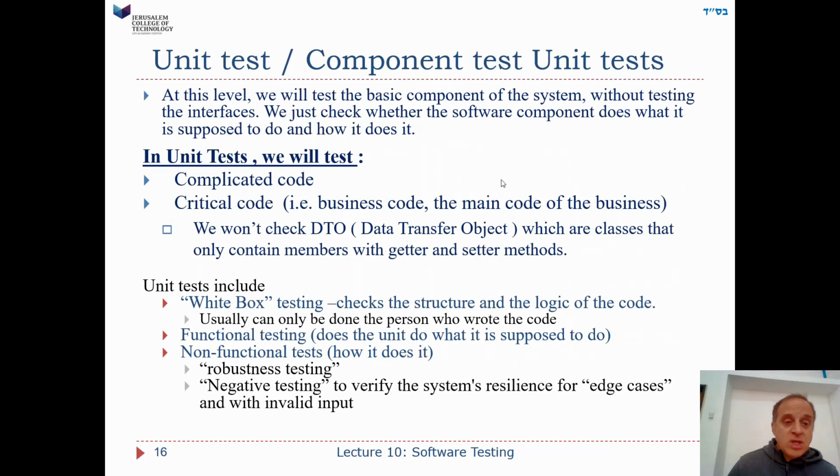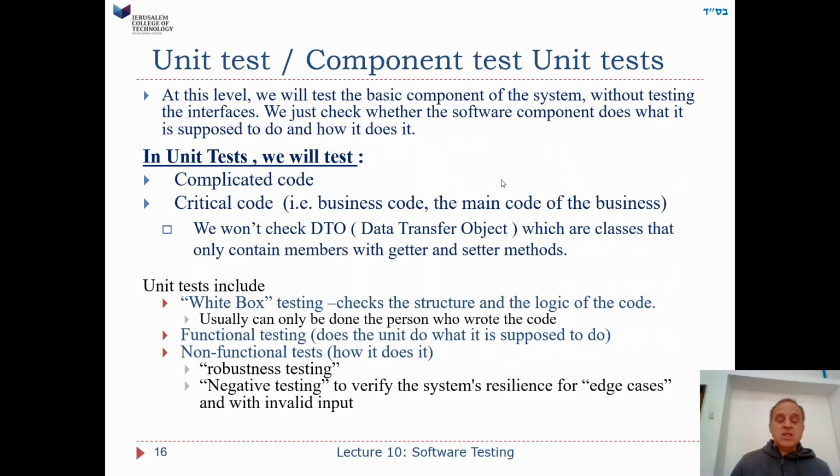In the unit test, we will test complicated code. We will test critical code, which is business code, meaning the main code of the business, in other words, the main thing we're trying to do. We won't check data transfer objects, which are classes that only contain members with getter and setter methods.